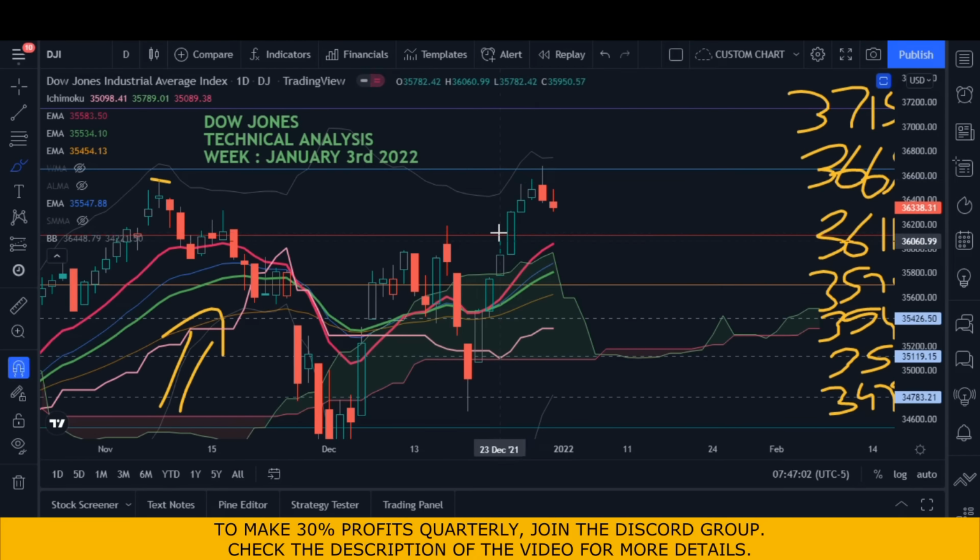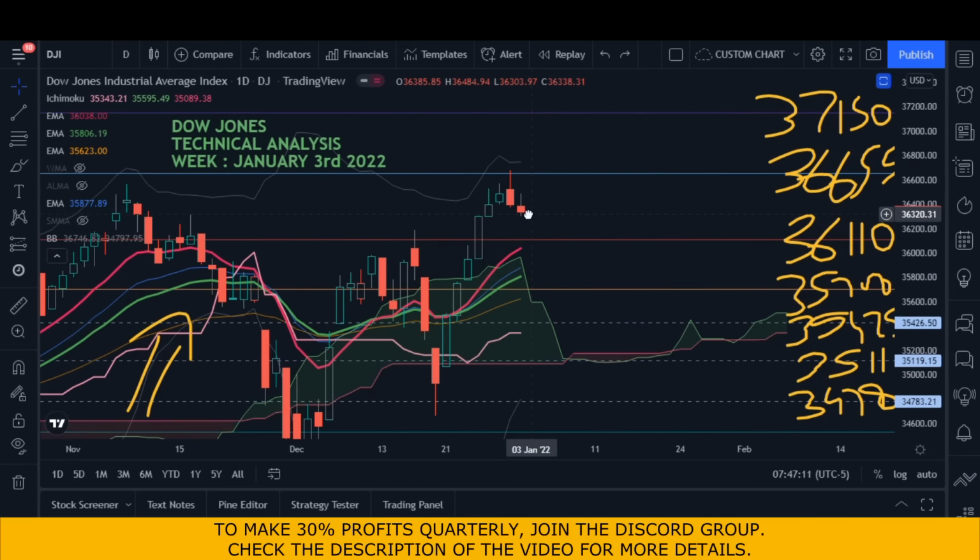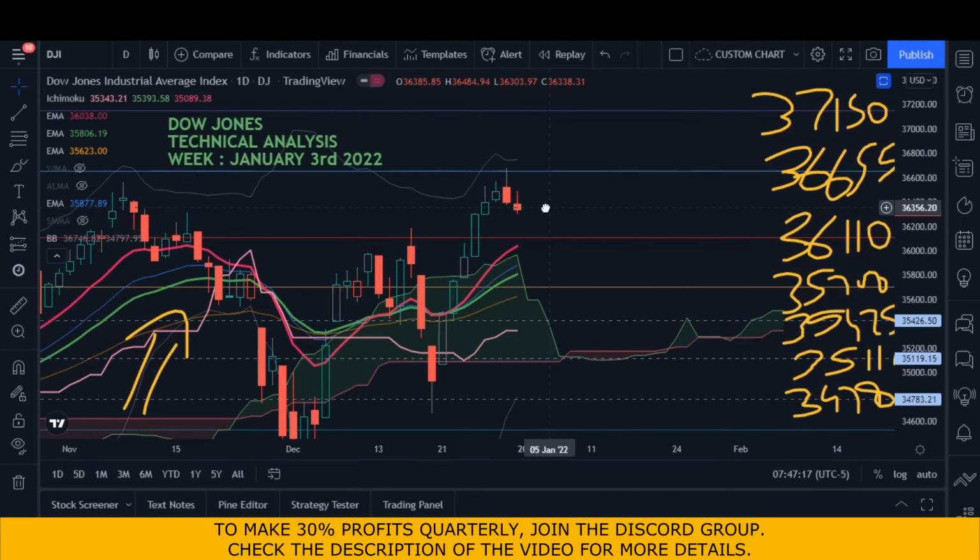Which means that the sentiments in the market are bullish, because the market has breached the previous high. Market is expected to move up towards this 37,150. Sentiments are bullish, market is bullish, everything is good.